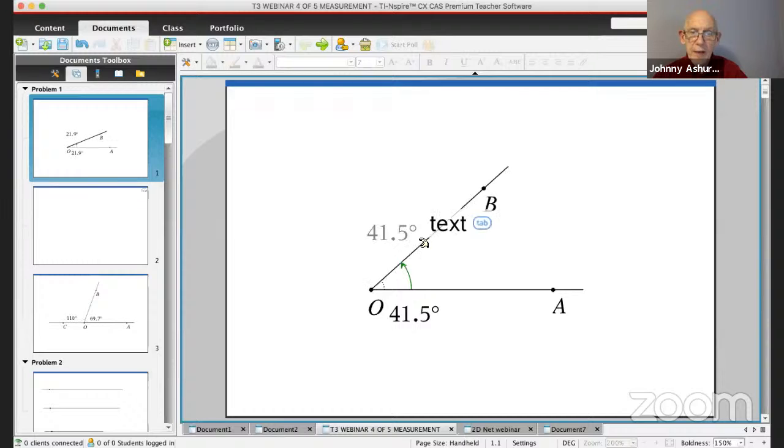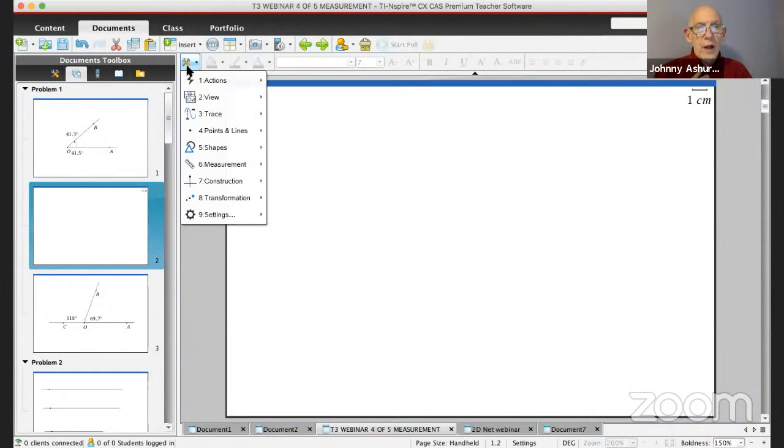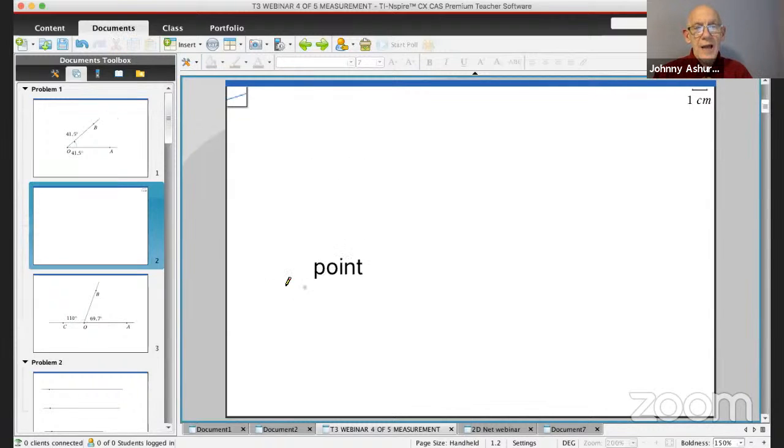So what I'm thinking about here is this. It's important to know that we have this angle measurement and directed angle measurement. So I want to go just a step further and take this idea to a fresh screen where I'm going to insert a line.